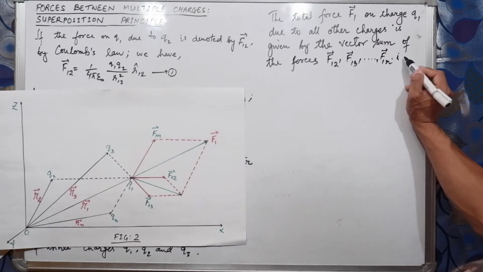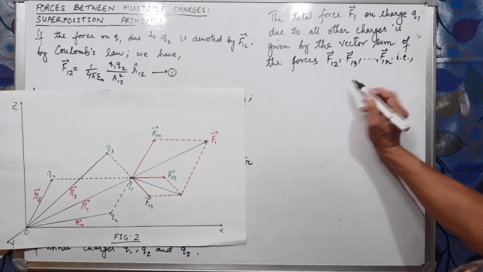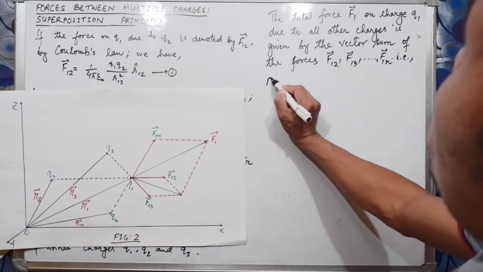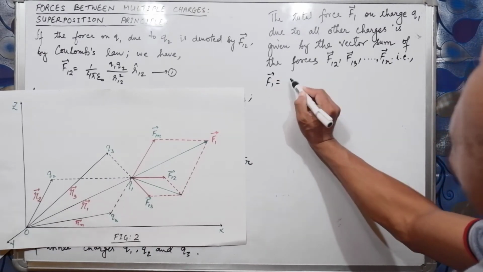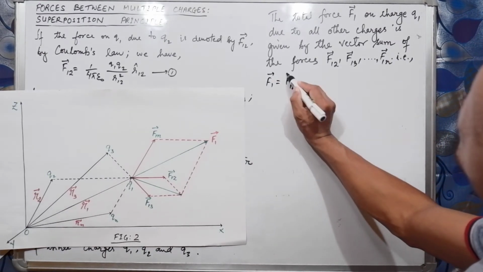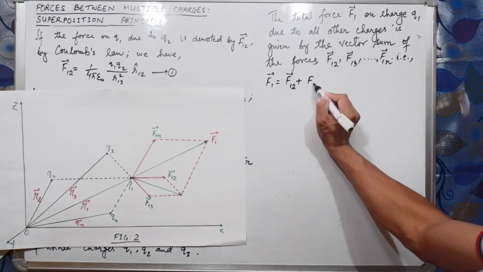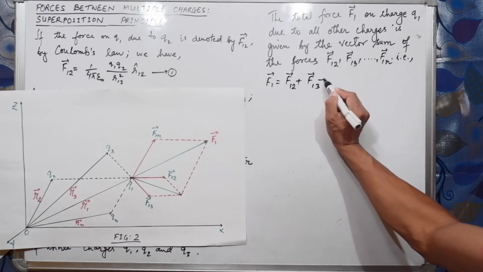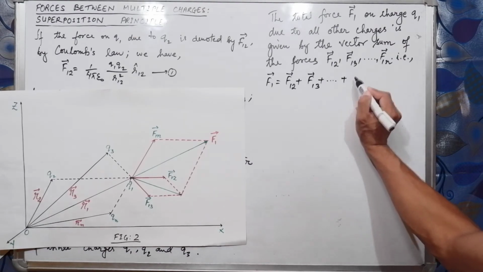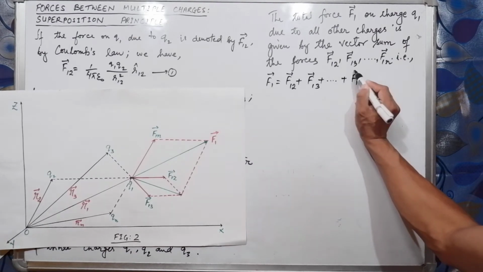That is, we can write F1 equal to F12 plus F13 plus up to F1n.